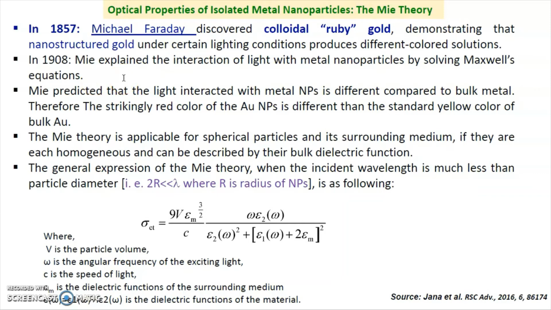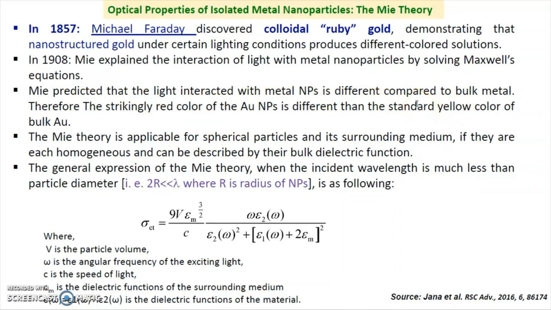In classical electrodynamics there are four Maxwell's equations, and Mie solved these equations by keeping different parameters, and he tried to understand how the light is interacting with the metal nanoparticles.